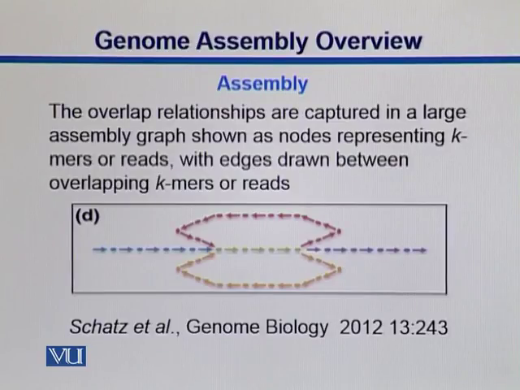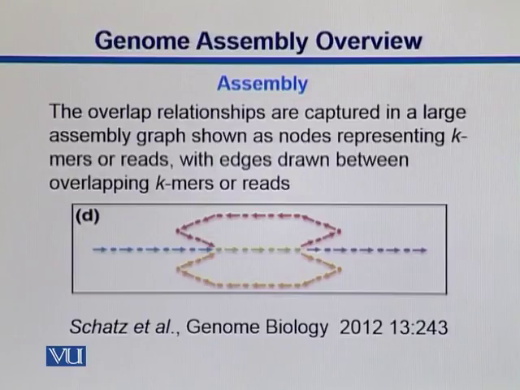What we are seeing in this picture is these overlaps represented in the shape of a graph. So what we do here is we take those reads and we break them into further small fragments, which we call k-mers. For example, the read is 100 base pairs.